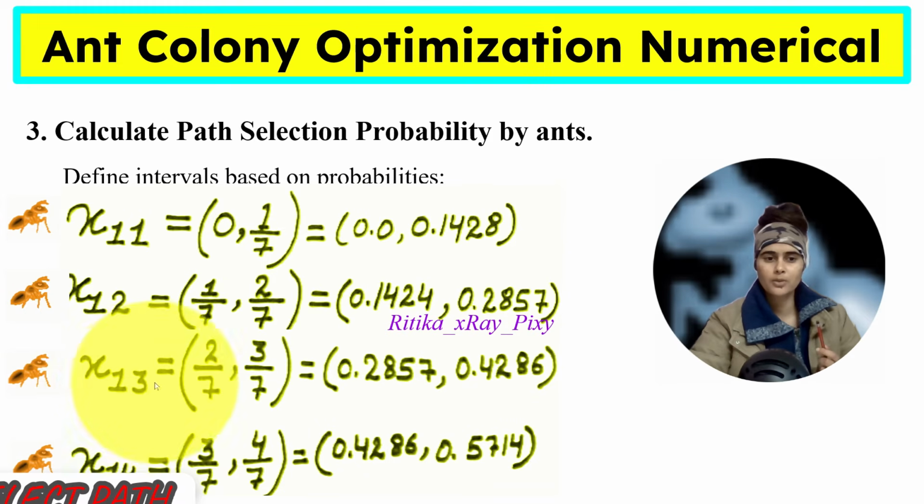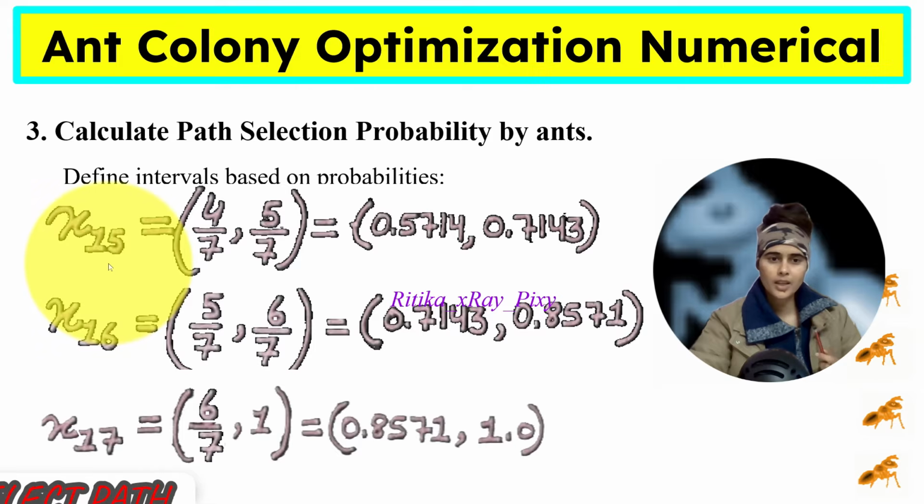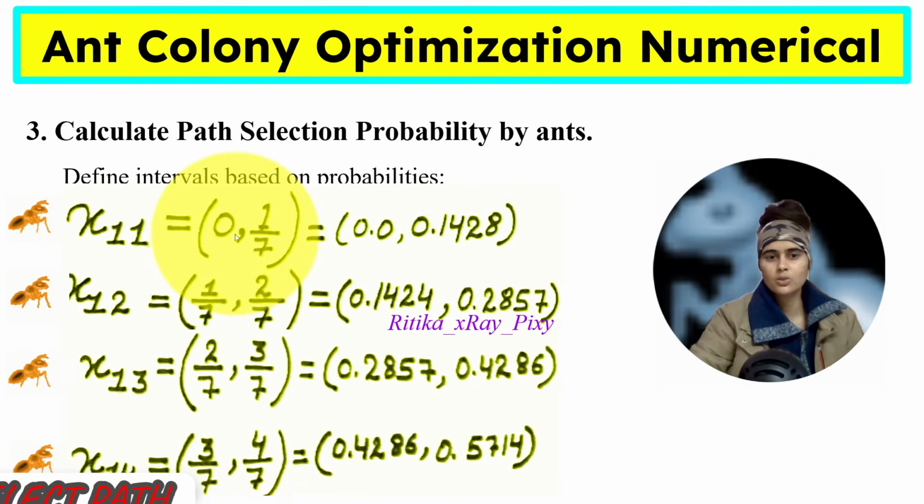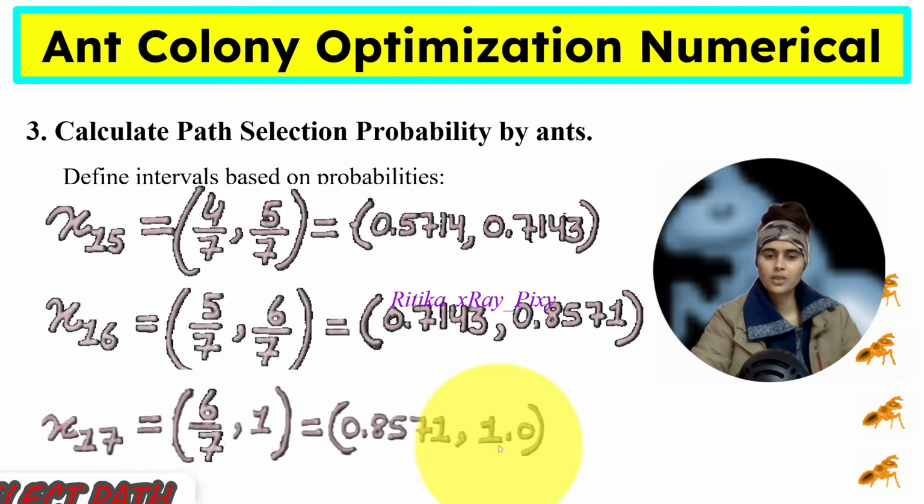Like that we have x13, x14, x15, x16 and x17. You can see here it is 1, so stop. You can see here 0 to 1, we define all the intervals for the path selection. Here the width of each interval should be proportional to the probability associated with the path.